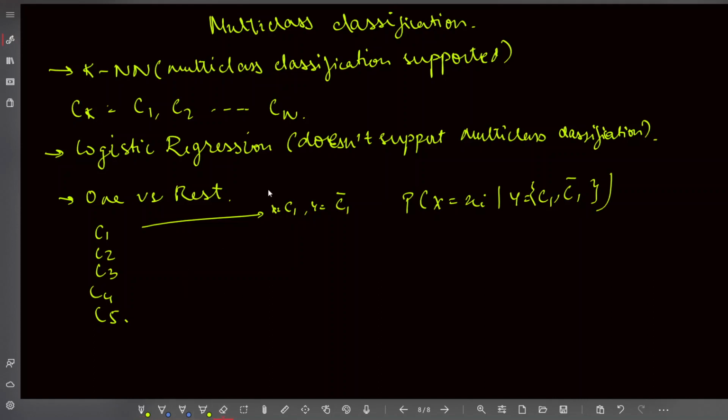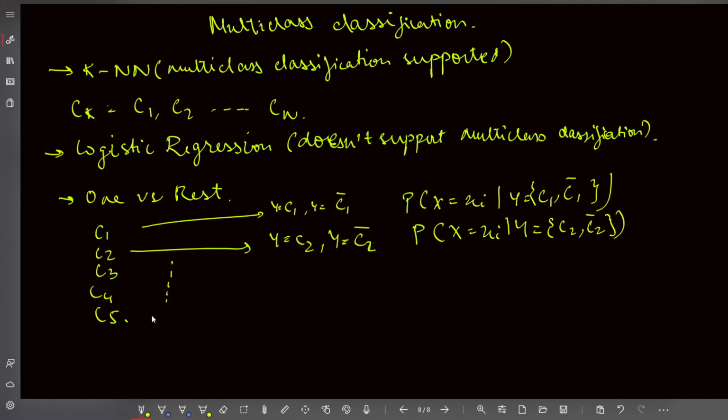Sorry, this is not X, this is Y. Similarly, it will do the same for C2, y equals C2, and then it will group all the other data points that don't have the class C2, y equals not C2. And I'll find the probability of the data point xi given that y equals C2 and not C2.